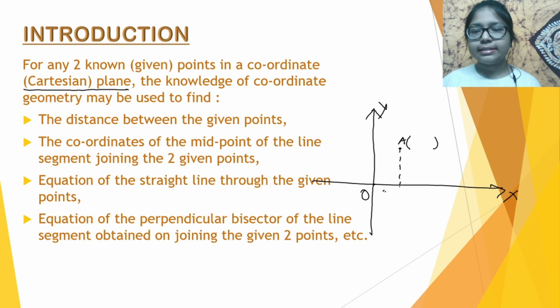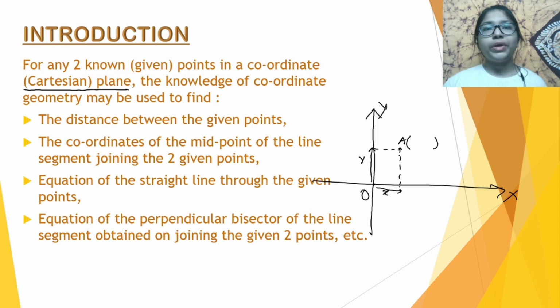Let it be at a distance x from the origin on the x-axis, and at a distance y from the origin on the y-axis. So its coordinate will be written as, first the x coordinate, that is x, and then the y coordinate. x denotes the distance from the origin on the x-axis and y denotes the distance from the origin on the y-axis.